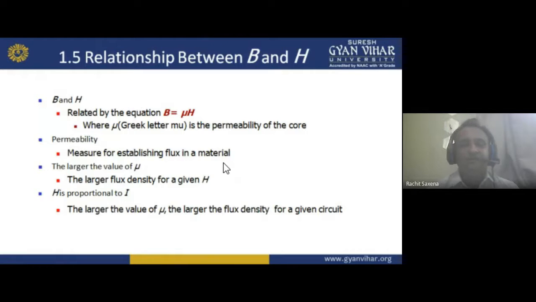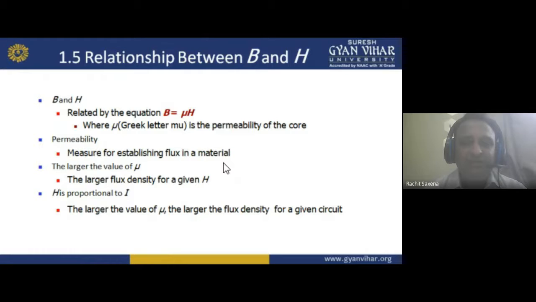Now B and H are related by the equation B is equal to mu H, where mu is the permeability. If the permeability is less, then the density and intensity will also have less value.